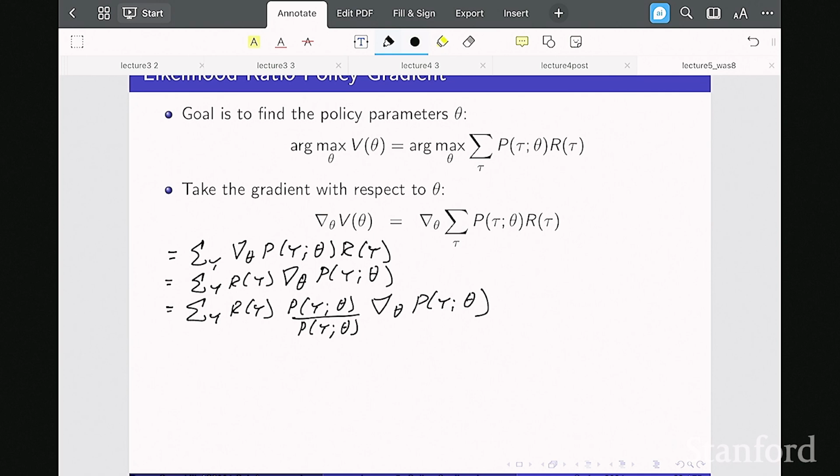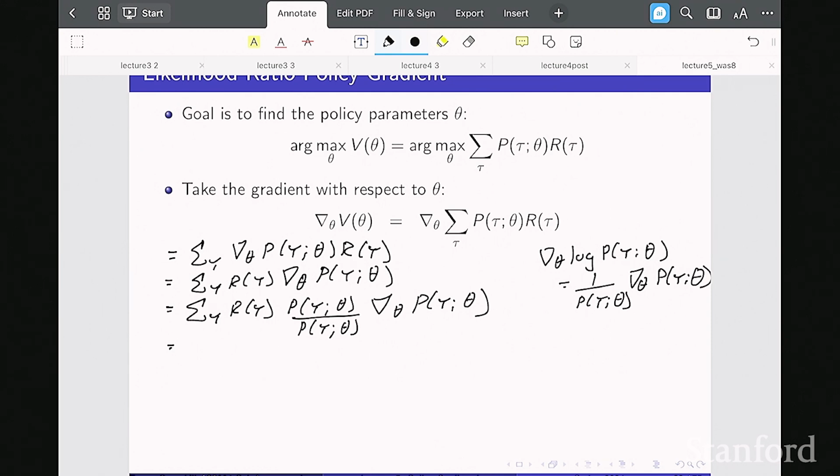I've just multiplied by 1, by the top and bottom by the probability of that trajectory. But then I'm going to note that the derivative with respect to theta of the log of the probability of the trajectory is just equal to 1 over the probability of the trajectory times the derivative with respect to theta of the probability of the trajectory.